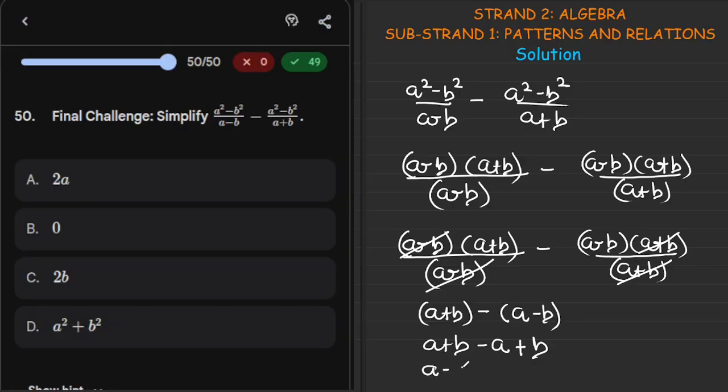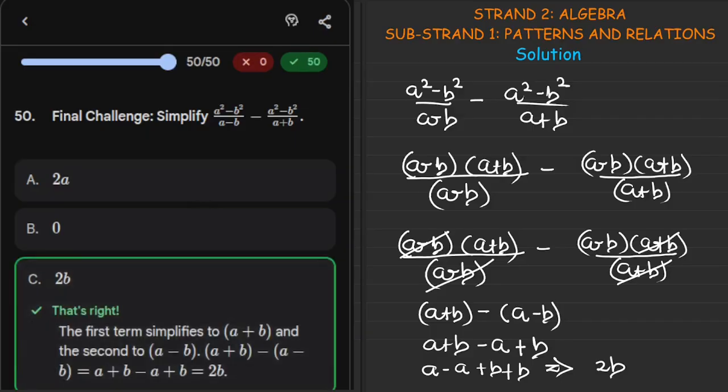Grouping like terms, we have a minus a plus b plus b, which in turn gives us: a minus a gives us 0, then b plus b gives us a 2b. As simple as that. So our answer is C.